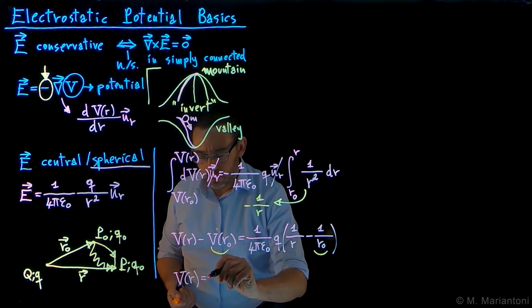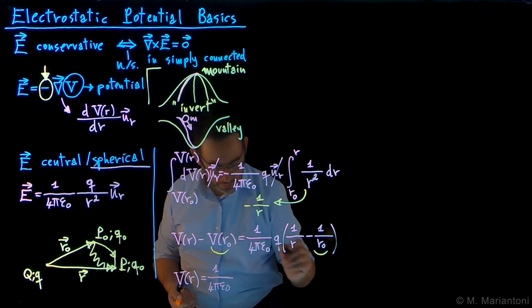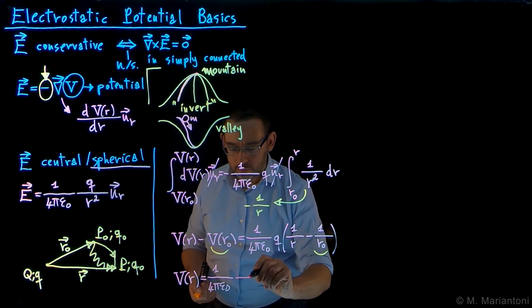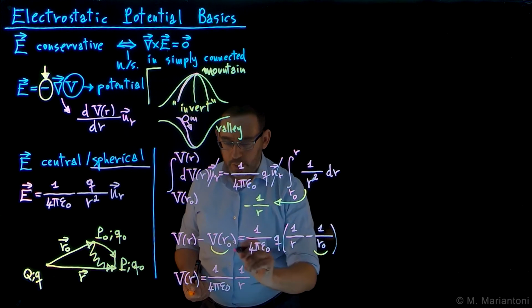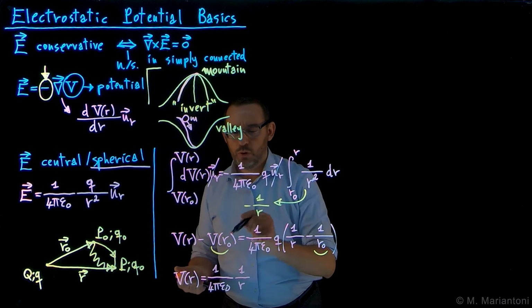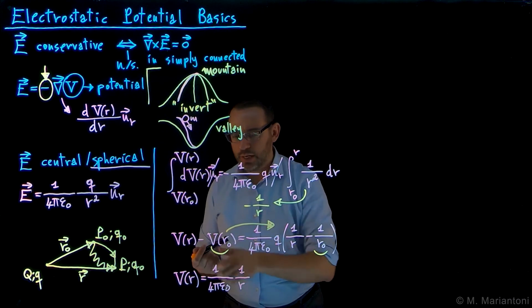equal 1 over 4 pi epsilon naught, 1 over r. And then let's group together these two variables. So I bring this quantity to the right-hand side, so I change the sign.